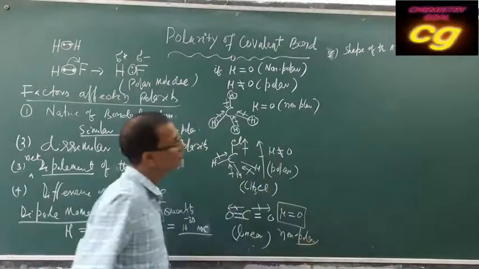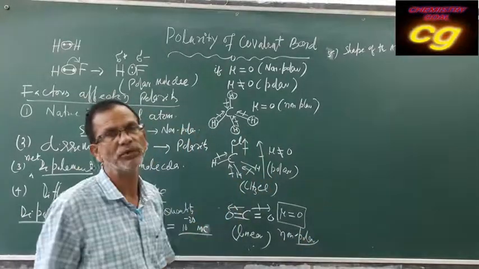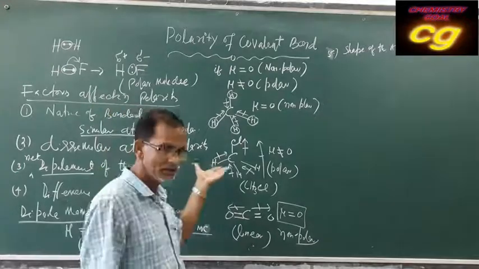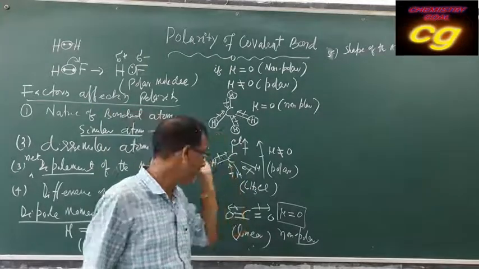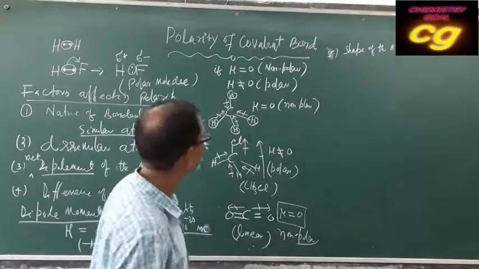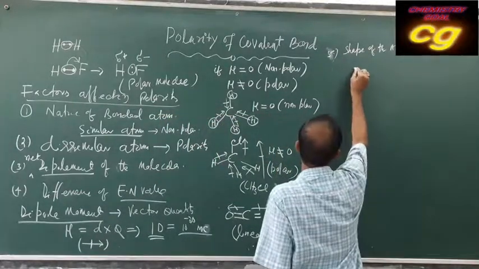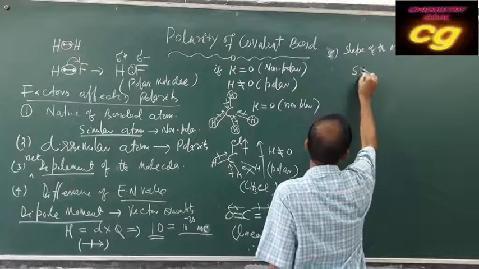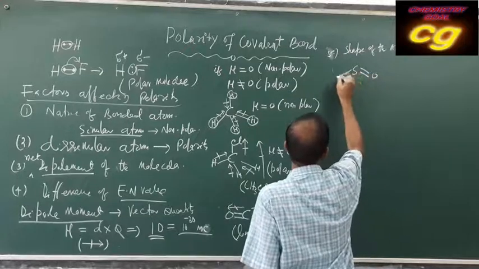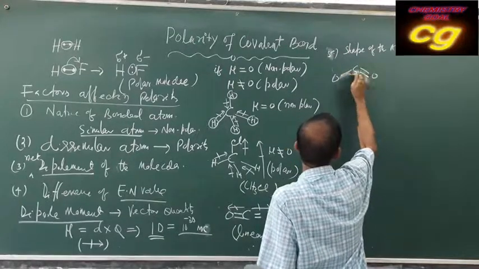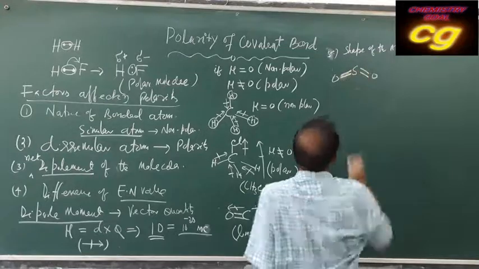You should have knowledge of the shape of the molecule. That's why we have to read VSEPR theory. Another example is SO2. The SO2 molecule shape is like this.